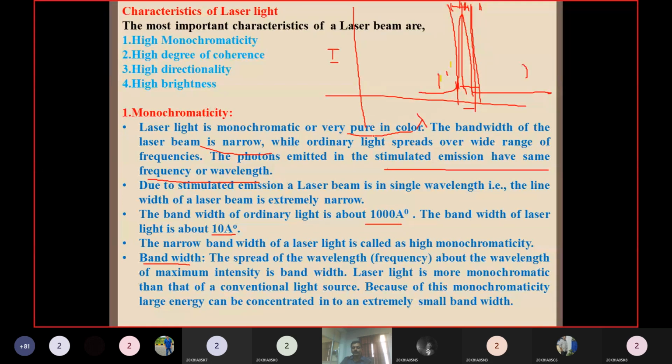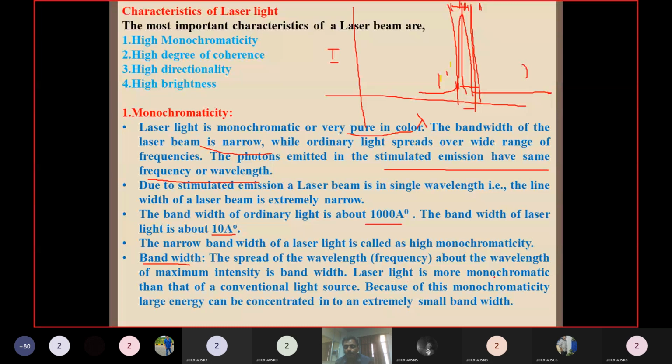From here to here, the total distance is called the bandwidth, the spreading of the wavelength or frequency.